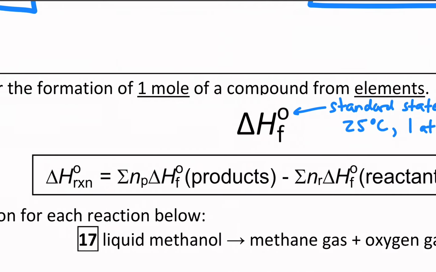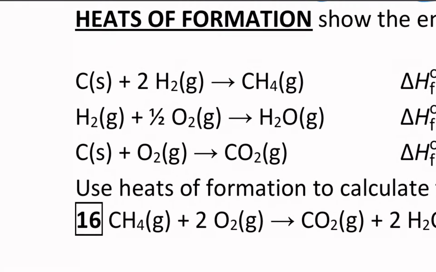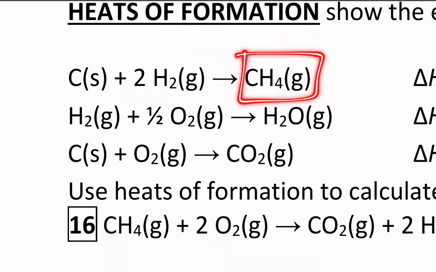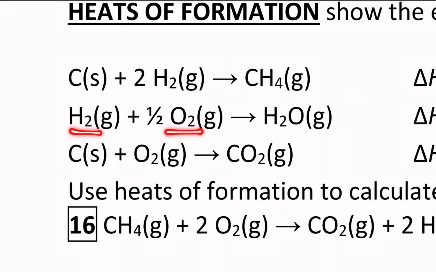And by definition, the heat of formation is how much enthalpy is involved in forming specifically 1 mole of a compound from its elements. So we could imagine making a compound like methane from elemental carbon and hydrogen, a compound like water from elemental hydrogen and oxygen, etc.